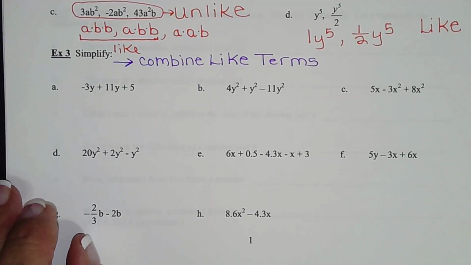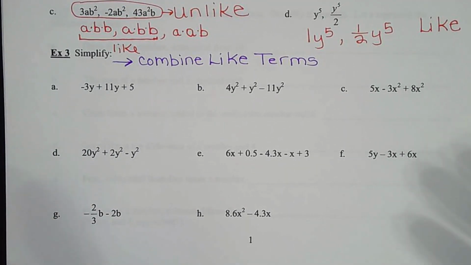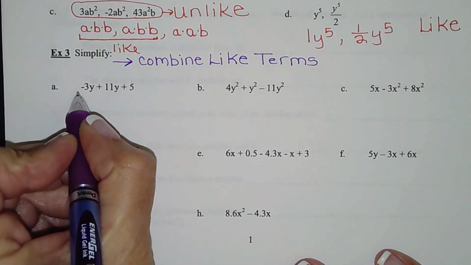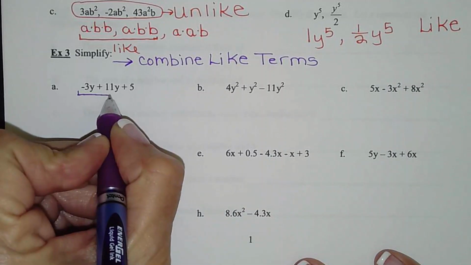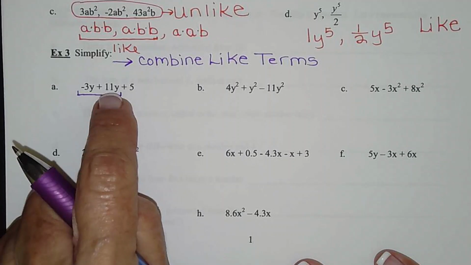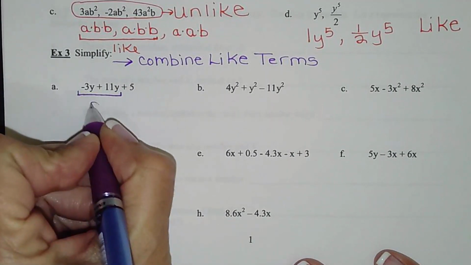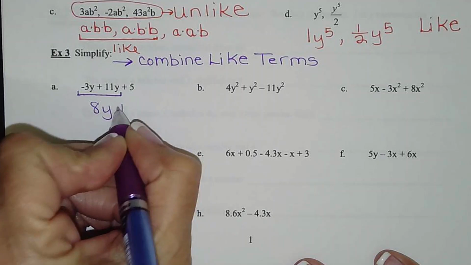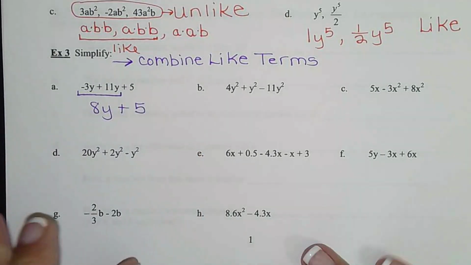So in this case, it just means add like terms. So I would have -3y plus 11y. Those would be like terms, but the 5's not, so it just gets tacked onto the answer. So 11 minus 3 is 8y, and then I just tack the +5 on.